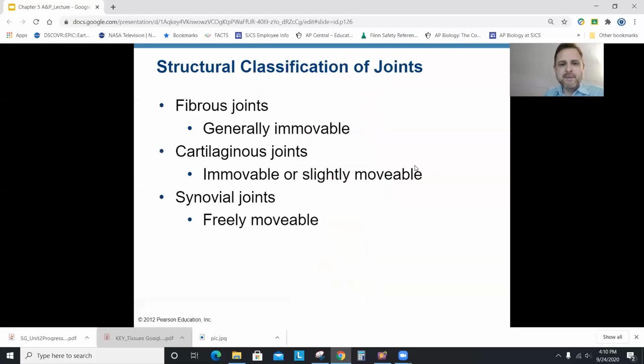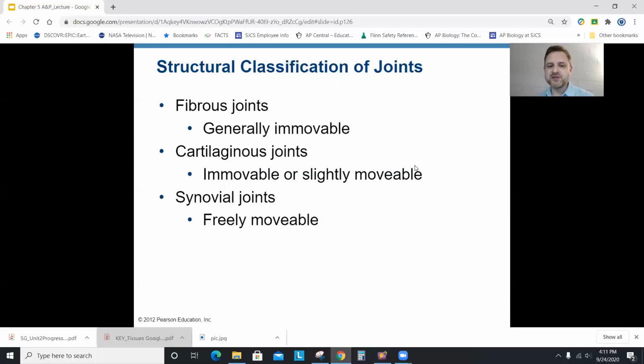So the book goes into a lot of detail on your joints, and we're just going to hit the highlights. Joints are classified partly by structure. Joints that are fibrous are generally immovable. Think about the sutures in your skull. Those are joints, but they don't move.